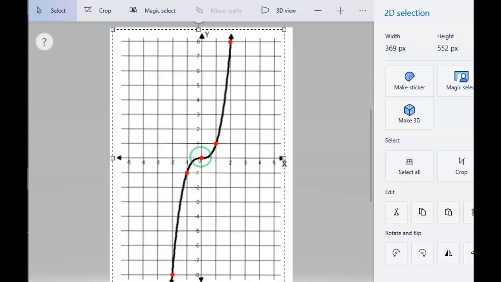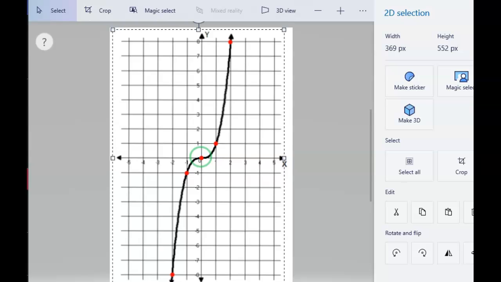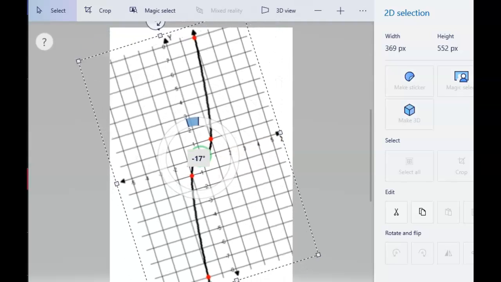This is Paint 3D. This is a picture of the parent function. And so what I've done is I've selected the entire function and I'm going to rotate it. Above there's a rotation button, and I'm going to rotate this around.